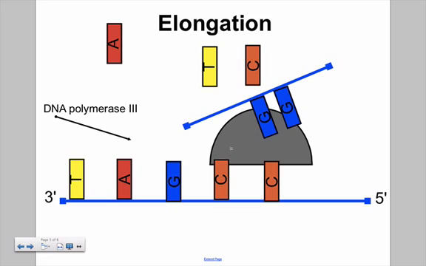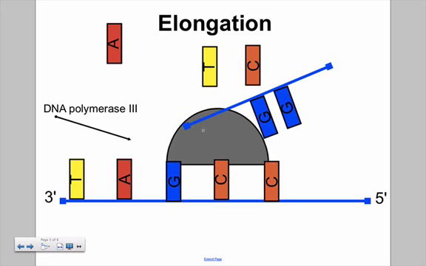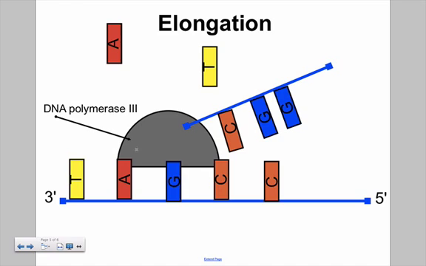It recognizes a C, so it's going to add another G. Then it will come along and recognize a G, and it will add a C next. Then it would continue on and add the next letter, which would be a T because it recognized an A, and the last one it would add would be an A.